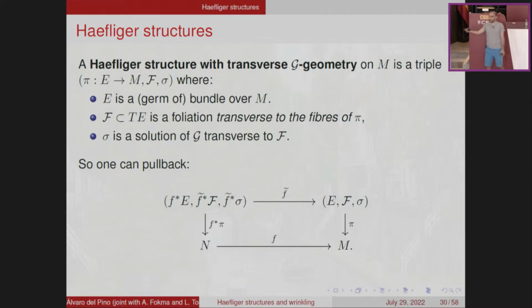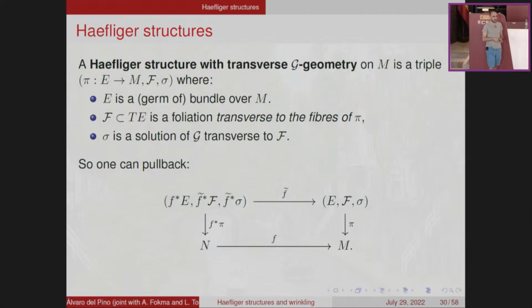And the normal bundle is literally the part transverse to the foliation, which means that the induced map upstairs is transverse to the foliation. So you're adding in the directions you need to be mapping transversely. And now I can pull back the two pieces of data. So this is the proof. This is what Haefliger observed: once you've set up this theory, you can start pulling back in a nice way.